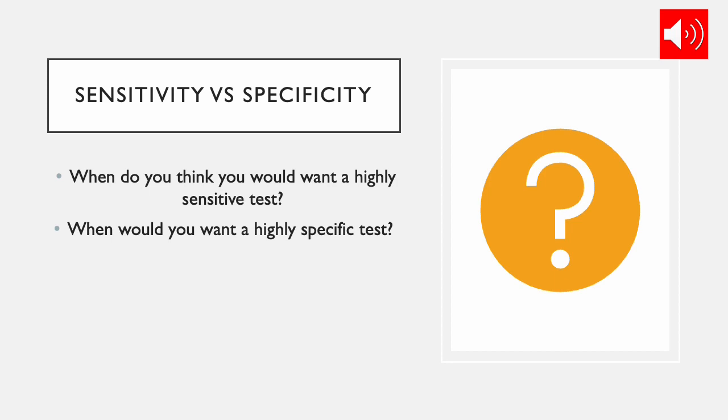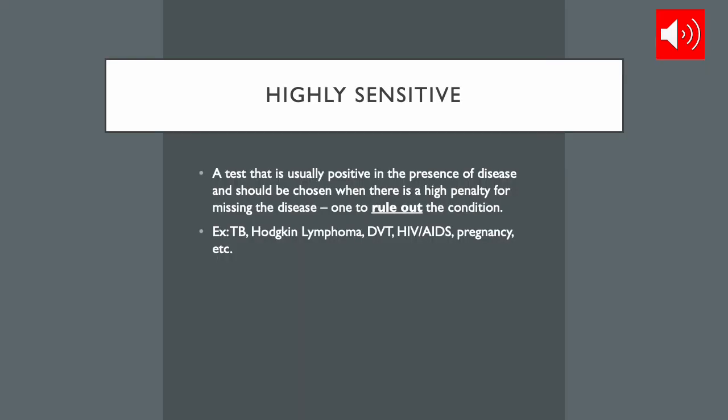So you definitely want highly sensitive tests when you're talking about potentially fatal conditions, where misdiagnosing or missing it would have high consequences. Again, you want a highly sensitive test when there is a high penalty for missing the disease. Some examples could be cancer, Hodgkin's lymphoma, a DVT, HIV, pregnancy, etc.